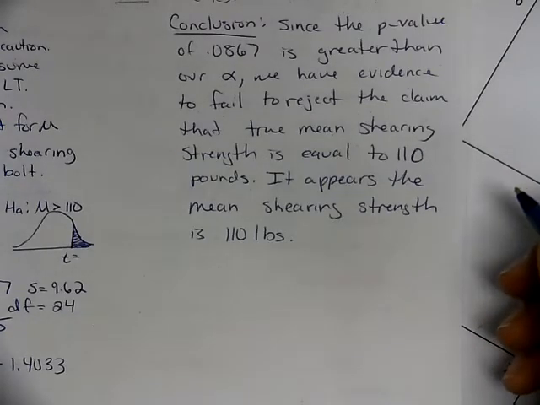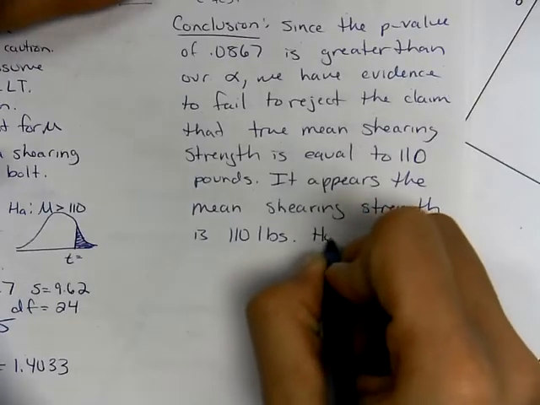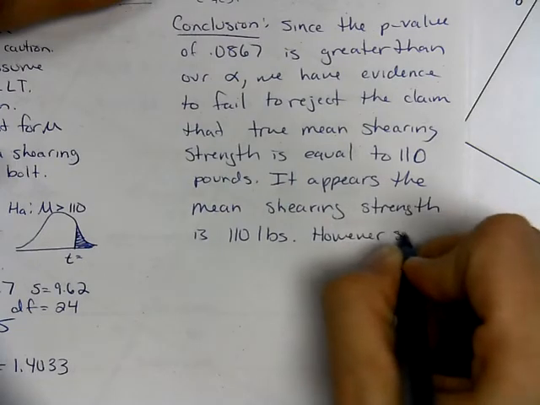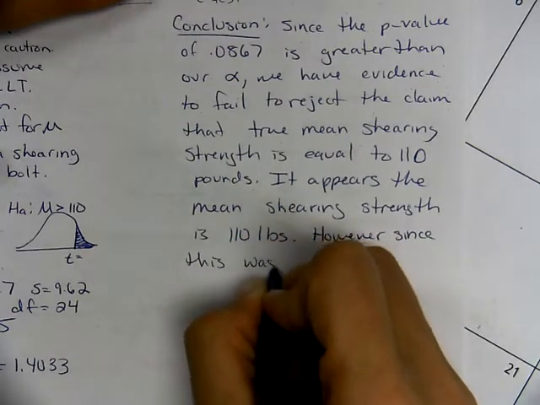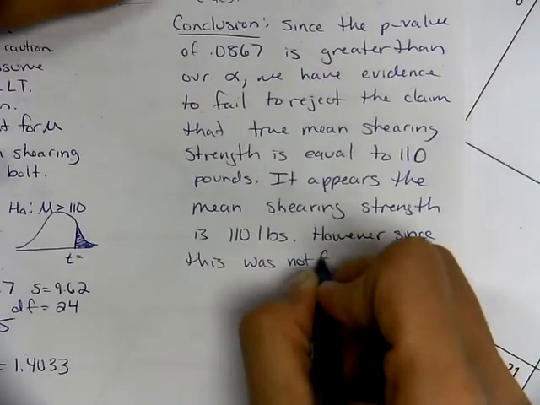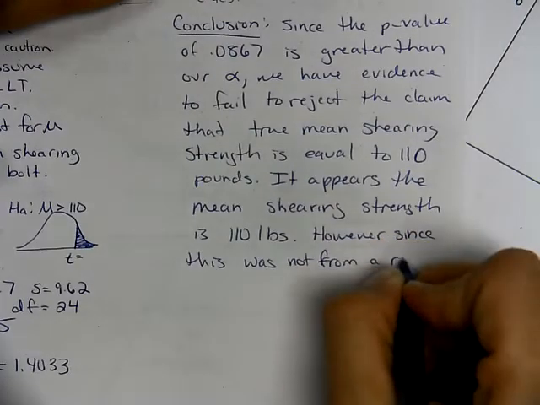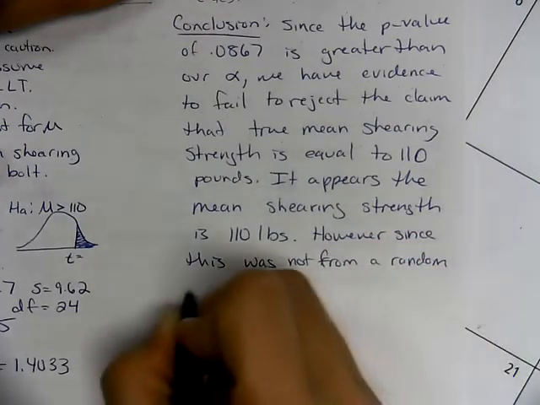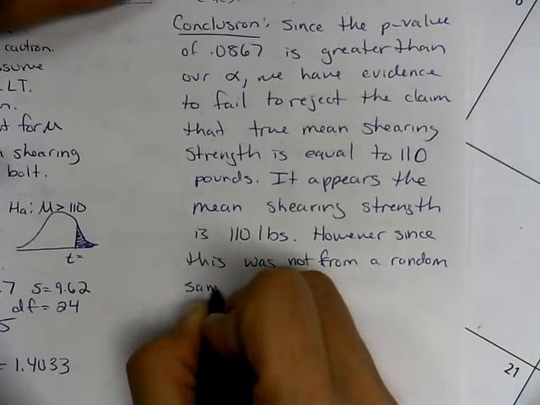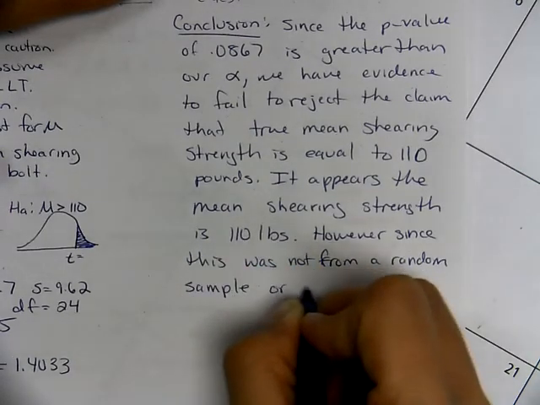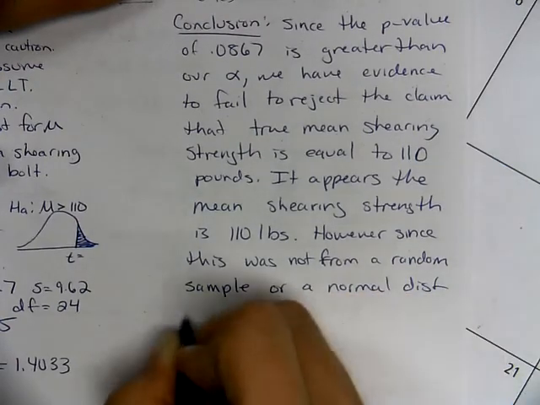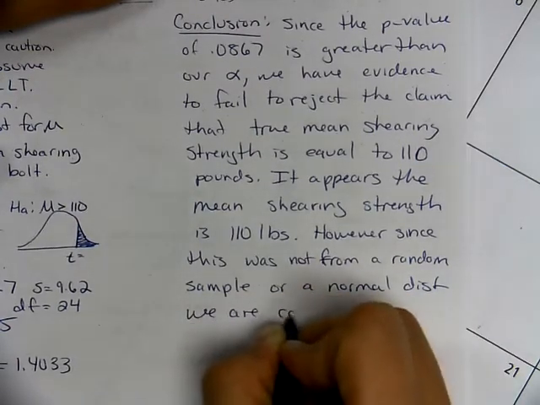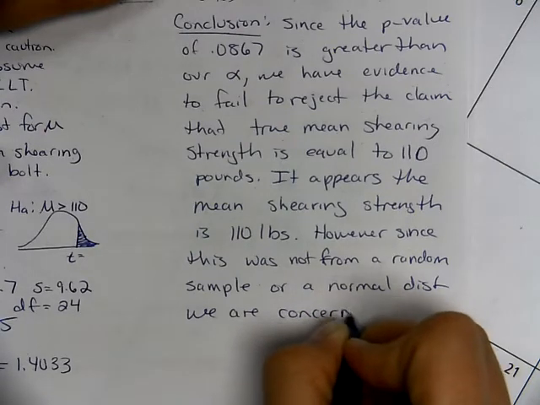Now we got to talk about the conditions. However, since this was not from a random sample, or a normal distribution, we are concerned about the validity of the test.